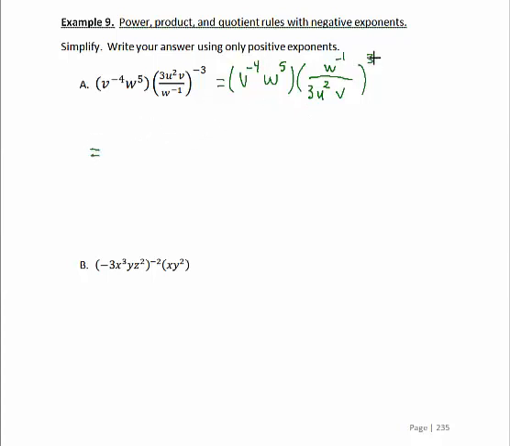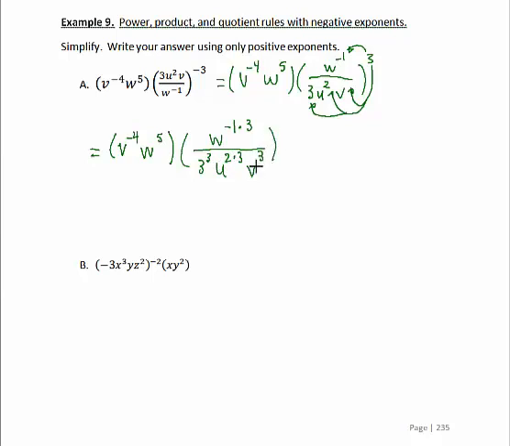Now what we'll do is we'll apply the 3, the power rule, to the second set of parentheses, and still we do not mess with the first set of parentheses. We're going to get a w to the -1 times 3, a 3 to the 3rd power, a u squared times 3, and then a v to the 3rd power.